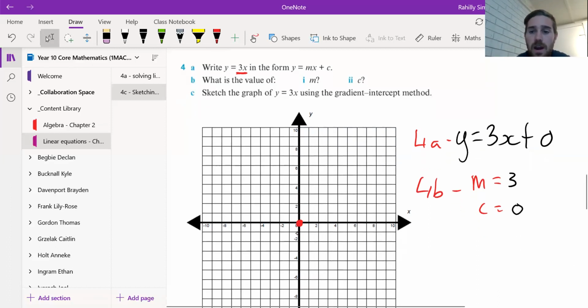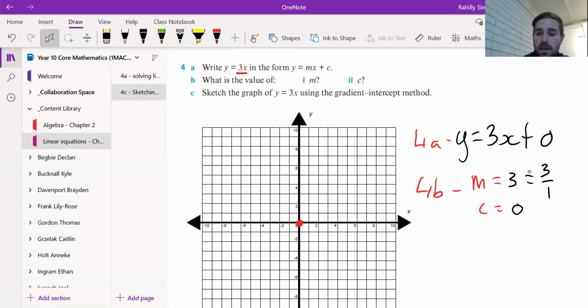Okay, if our gradient is 3, 3 as a fraction is 3 over 1. So that means our rise is 3 and our run is just 1. So we're going to go up 1, 2, 3, and we're going to go across 1. There's our point. Draw your line as straight as possible, obviously.